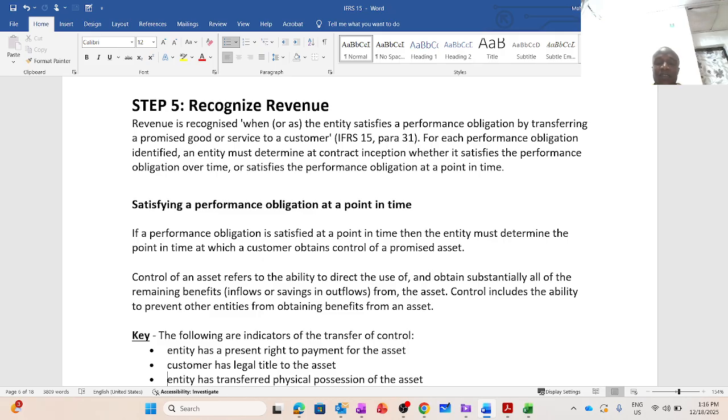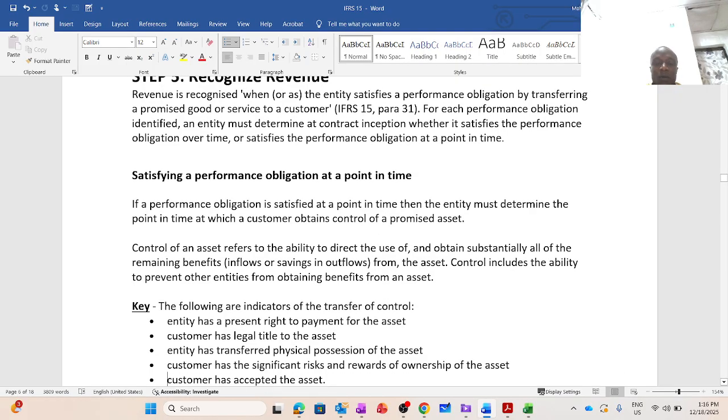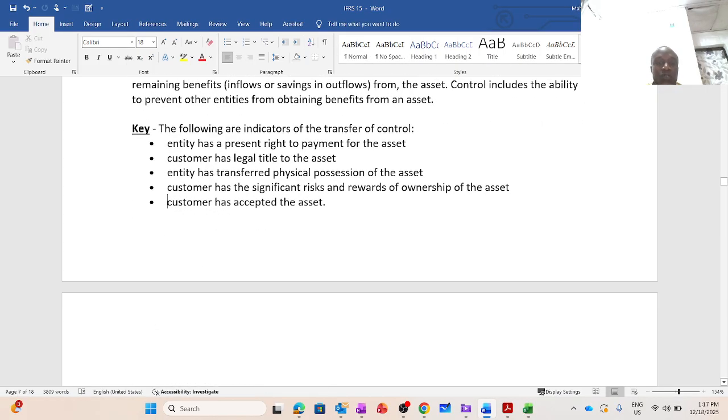Control of the asset refers to the ability to direct the use and obtain substantially all of the remaining benefits, inflows or savings or outflows, whichever, from the asset. Controls include the ability to prevent other entities from obtaining benefits from an asset.